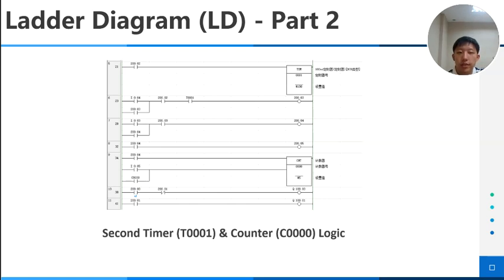Most importantly, network 34 introduces the counter C000000, which is configured to count up to 5. This counter increments each time a full cycle of piston movement is completed, demonstrating how to count repetitive actions in a PLC program.